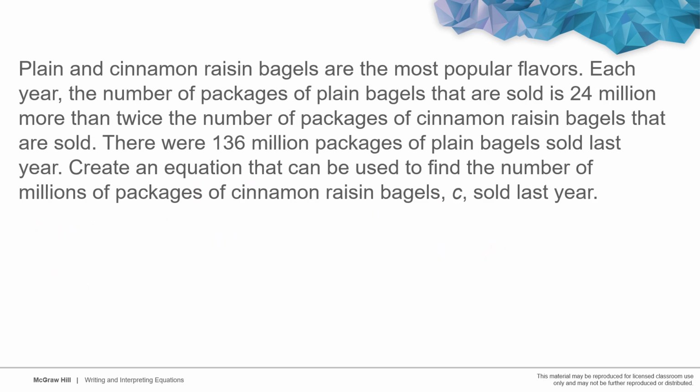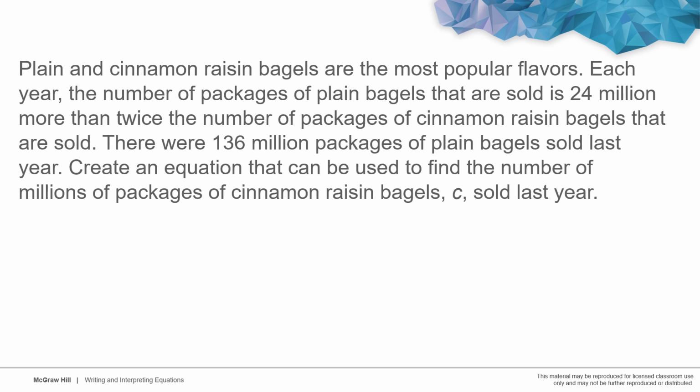Next one. So this one's talking about bagels. It says plain and cinnamon raisin bagels are the most popular flavors each year. The number of packages of plain bagels that are sold is 24 million more than twice the number of packages of cinnamon raisin bagels that are sold. There are 136 million packages of plain bagels sold last year.